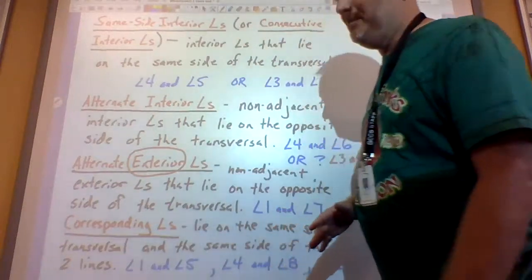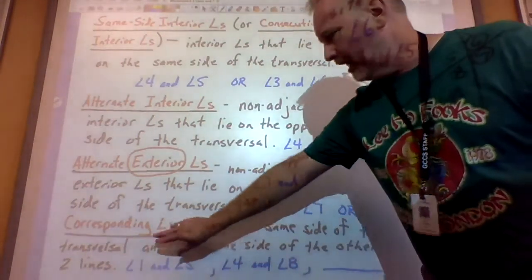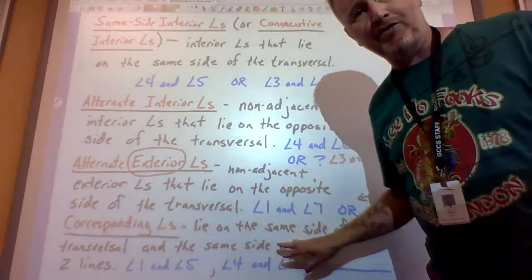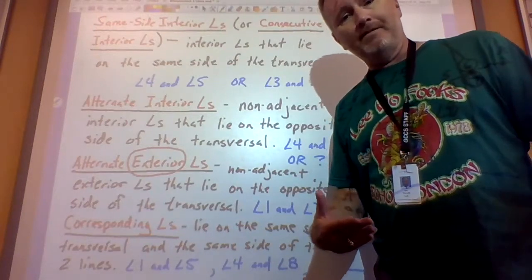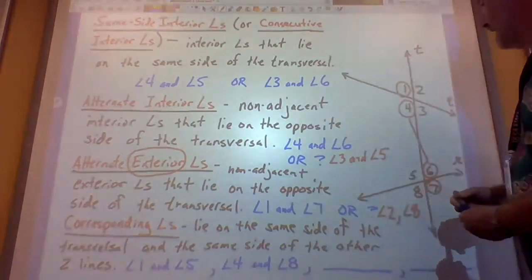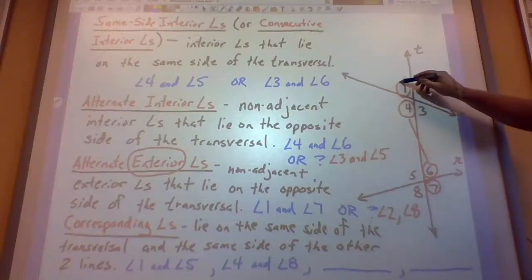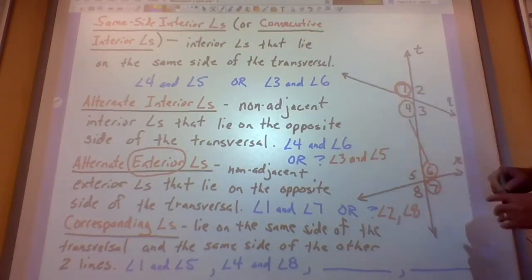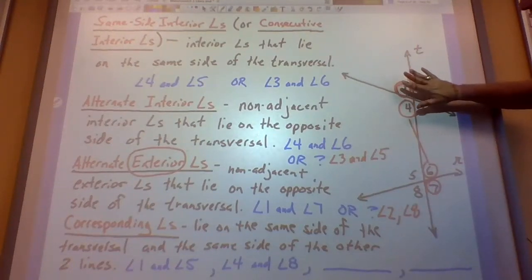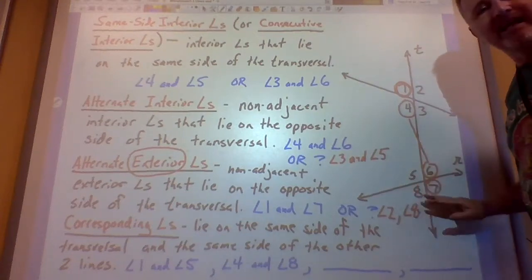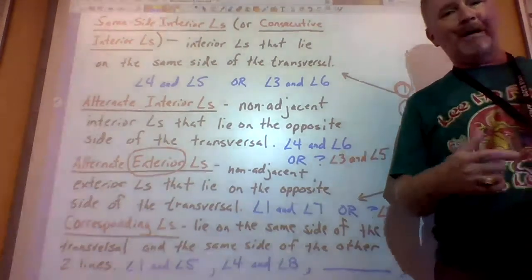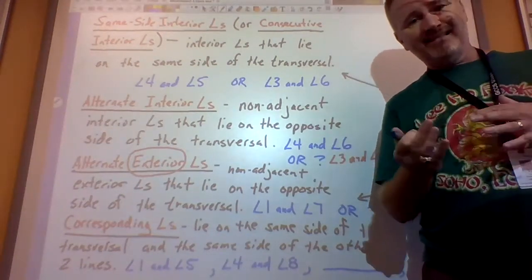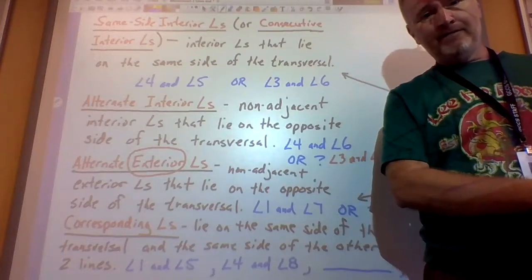So what does that mean, Mr. Metcalf? Blah, blah, blah, textbook definition right here. Matches up is a much better way to think of it. So let's take a look at angle 1. He's in this top group. He matches up with one of the angles down here in the bottom group. I mean, he's in the same position, but in a different group.